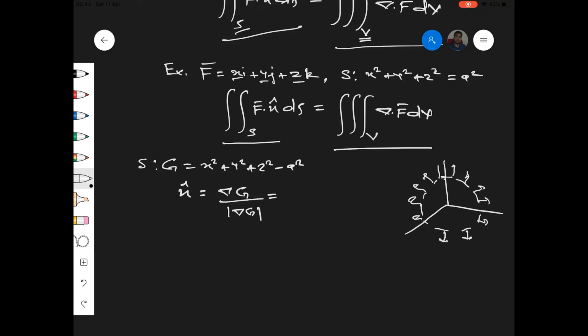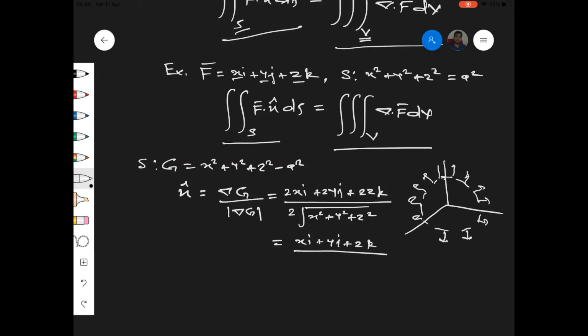So gradient of g will be 2xi plus 2yj plus 2zk divided by 2 times under root x square plus y square plus z square, and this will be equal to xi plus yj plus zk divided by, we know x square plus y square plus z square is equal to a square, so this will become under root a square, which is a.